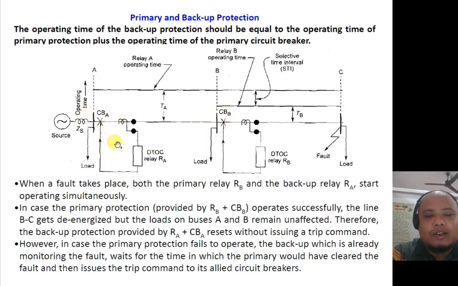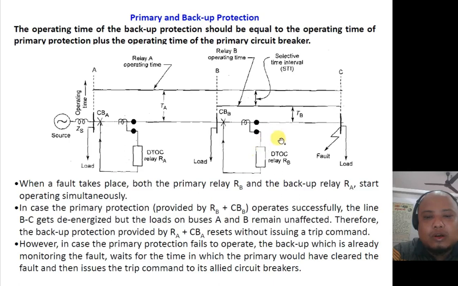If this scheme fails, then it will also protect line section AB as backup protection, as secondary protection. But what is the condition? The operating time of backup protection should be equal to the operating time of the primary protection, which is RA, plus the operating time of the primary circuit breaker.